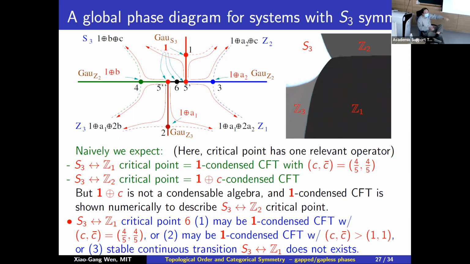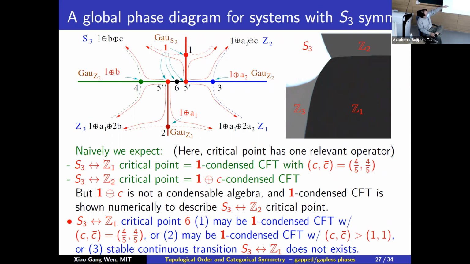Actually, this A2 is one Higgs field in two-dimensional representation. When you condense the Higgs field in the two-dimensional representation, you get Z2 gauge theory. And one condensed boundary of Z2 gauge theory is a 1 plus A2 condensed boundary of S3 gauge theory. And one condensed boundary of Z2 gauge theory is an Ising critical point. So this line is indeed an Ising critical point, as expected.